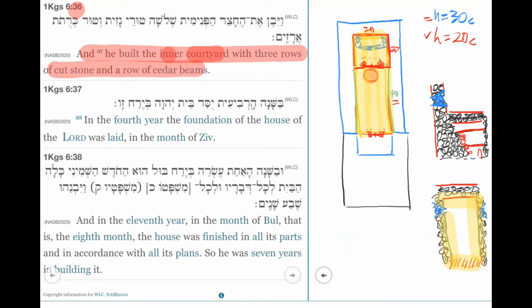What that may mean is we have this. This would be 3 rows of stones, and then we have a row of cedar beams.